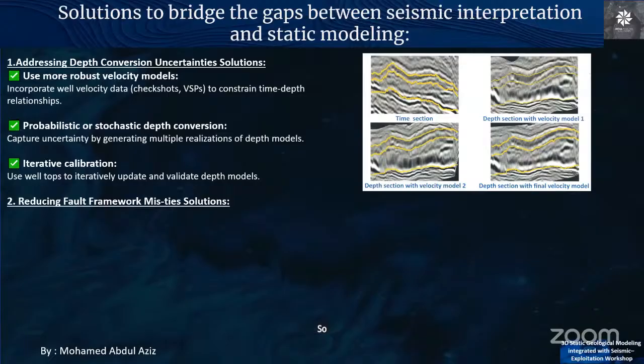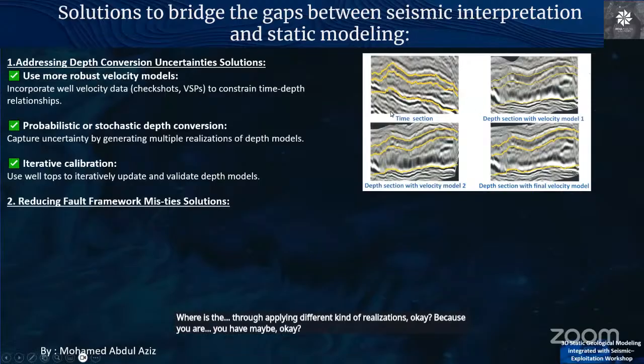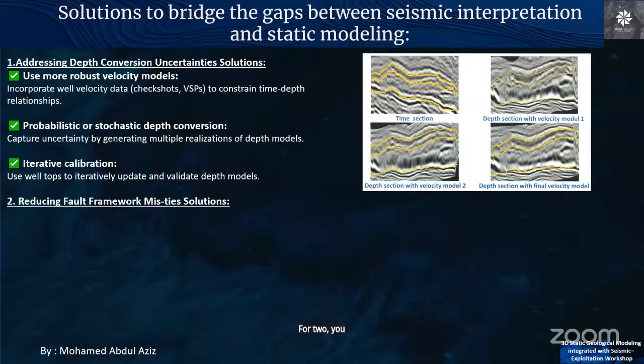So once you go through the uncertainty analysis by applying different kinds of realizations, you will know where it is. You have different scenarios, 1, 2, 3, 4, for example. For 1, you have uncertainty, for 2, you have uncertainty, until 4.